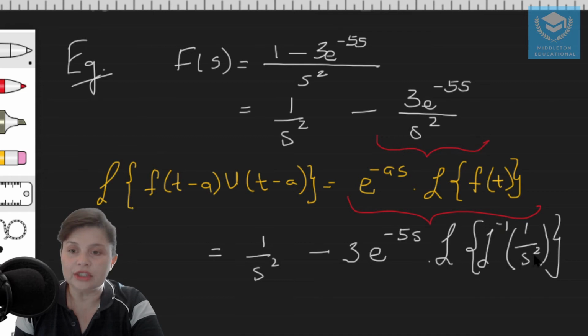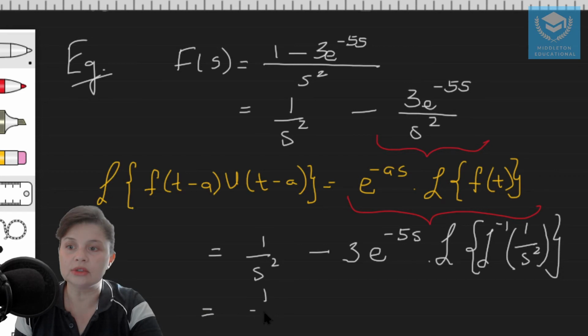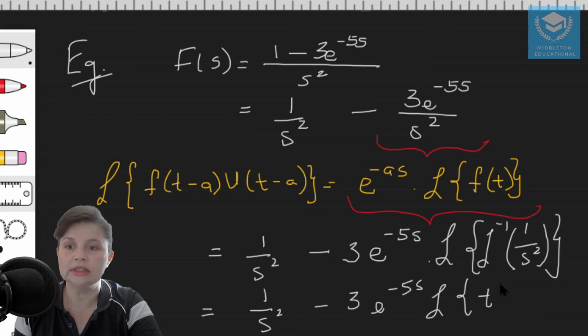The reason I've written it like this is that when I say the transform of the inverse, it means that these two actually cancel one another out. So all you've done is you've changed the form of what your function looks like, just so that you can match it more closely to the item on the table that you want to use. So then I'll say that this is 1 over s squared minus 3 e to the minus 5s, and the inverse of 1 over s squared is just t.